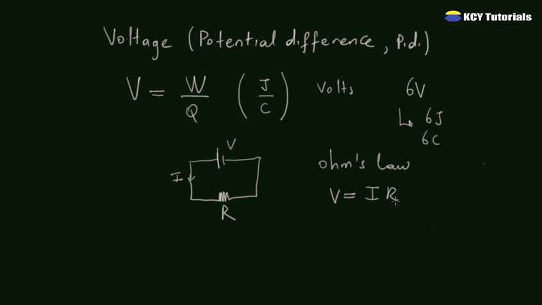In other words, voltage is directly proportional to the current that is flowing across a resistor.